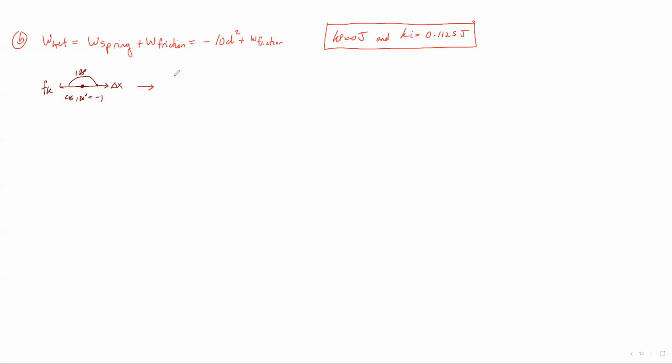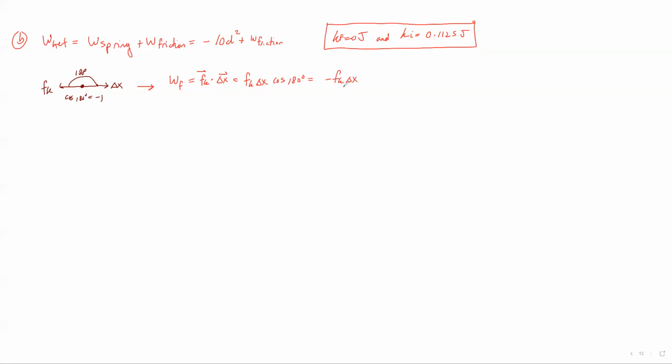Well, because I get the work due to friction, which I'm just going to write as Wf. That's the force of friction times delta x times the cosine of 180 degrees, and that's just going to be negative Fk delta x.